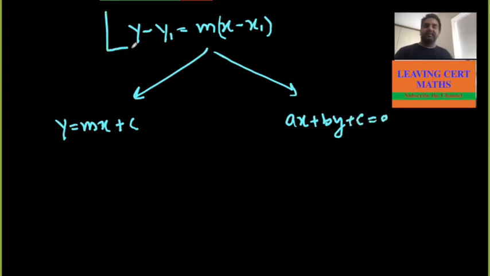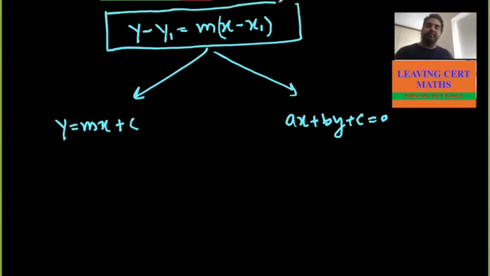But remember, this is the starting point. From here we can get either this type of straight line or that type. Do you understand what is the meaning of this one? Yeah, it's just a quadratic equation, isn't it? No, it's not quadratic, it's linear. Power is 1. Oh, yeah, okay.